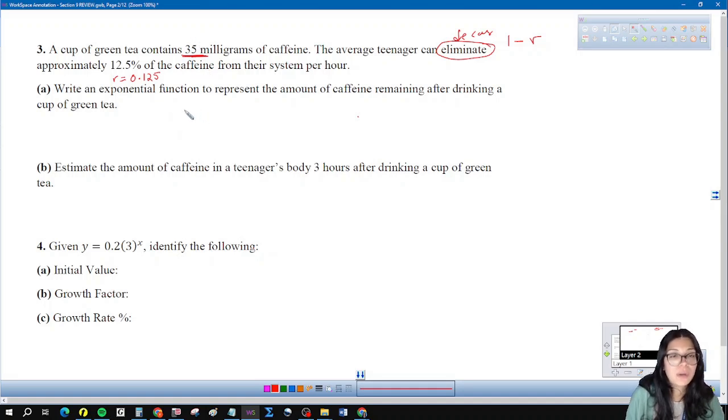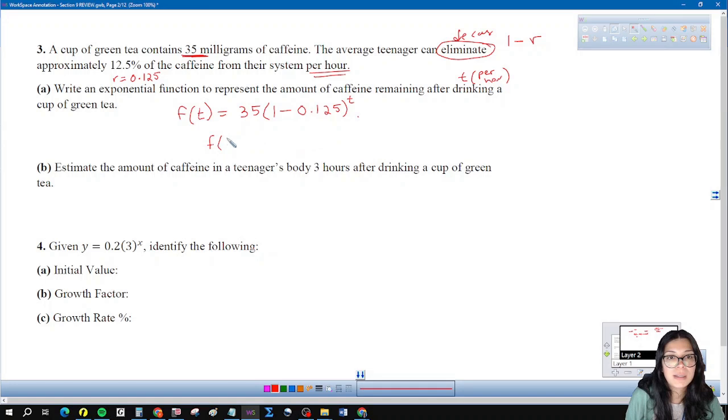So the exponential function here would be the function that represents the amount of caffeine over time t, per hour. So it would be 35 that we started with, and then times 1 minus the rate, 0.125, and then to the power of t, how many hours have passed.